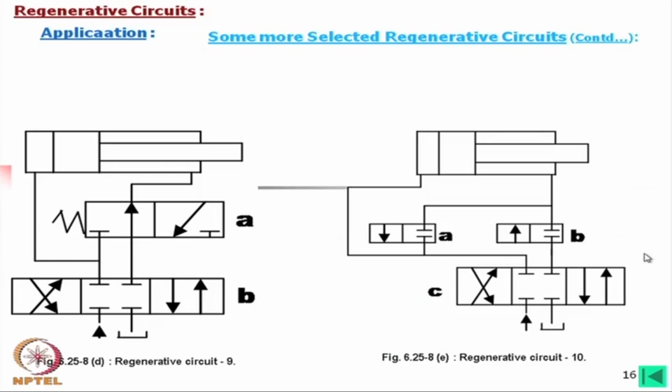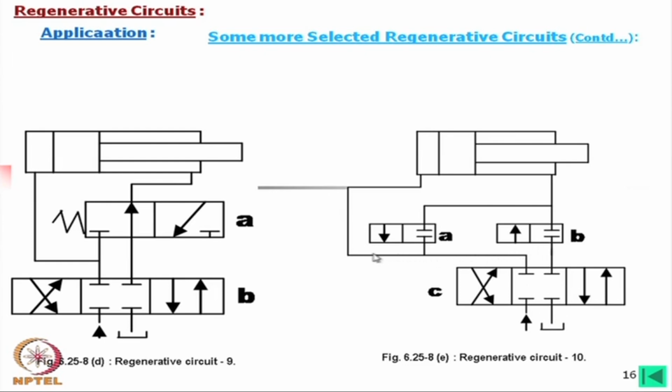Now, we shall consider another circuit. In that case, what we have used is a 4/3 DC valve, closed center, and this is a 2/2 valve. Let us consider this is in neutral position. So, obviously, as it is a closed center, there is no flow, no operation. Now, if we connect to the right side, then this will be connected and this path will be connected.